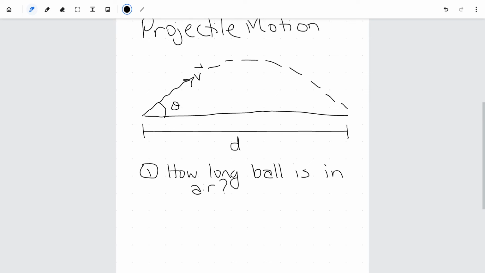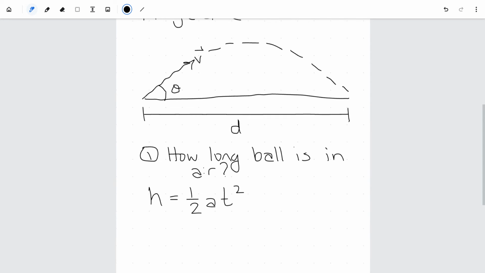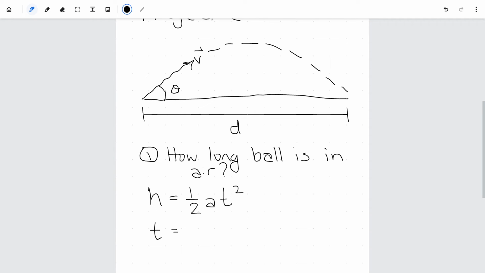The formula for that is height is equal to 1/2 acceleration times time squared. Now, we don't know the height and we don't know the time, but we're trying to solve for time. And so we're going to rearrange this formula to be t is equal to the square root of 2h over g, which is our acceleration.